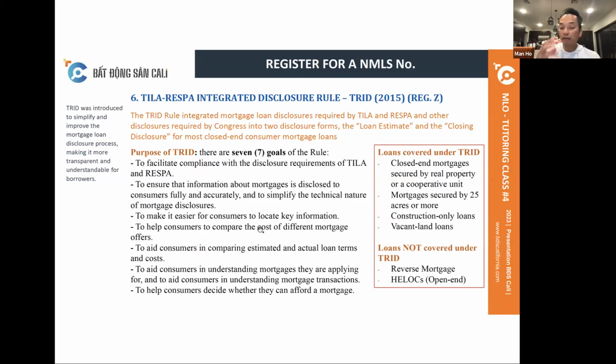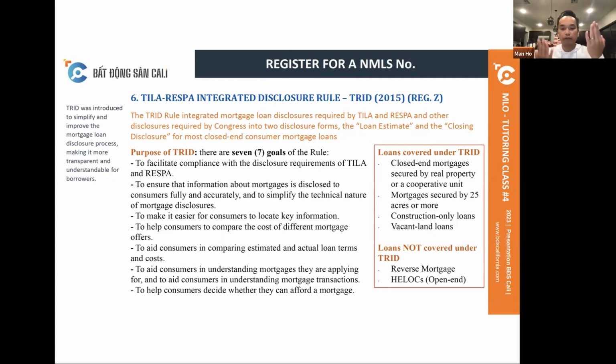Okay, on the disclosures, to help consumers compare the costs of different mortgage offers. So meaning you get an LE from Mr. A, you get an LE from Mr. B, you compare, and whoever is best, you go with that person, or whoever you feel comfortable with. To aid consumers in comparing estimates and actual loan terms.